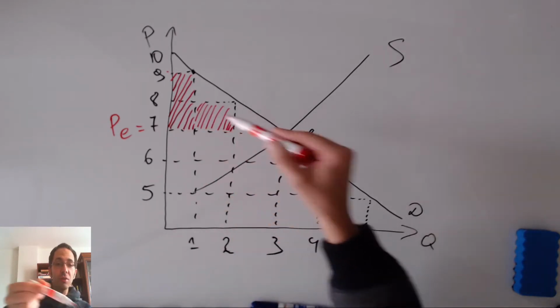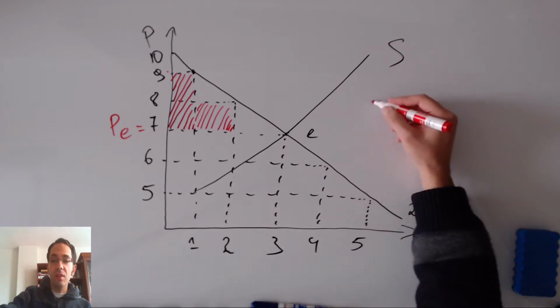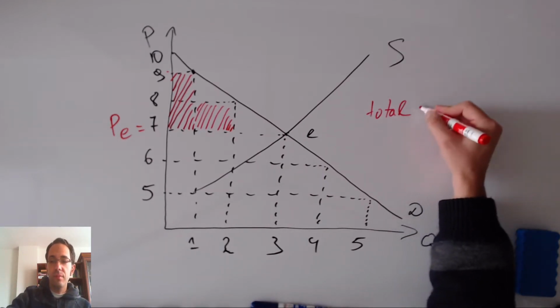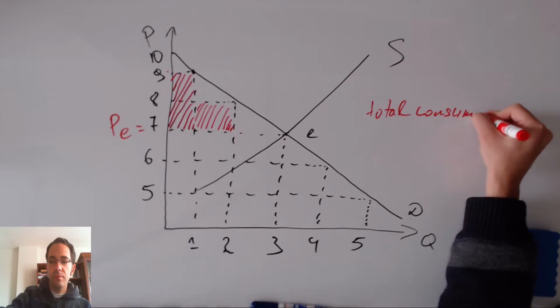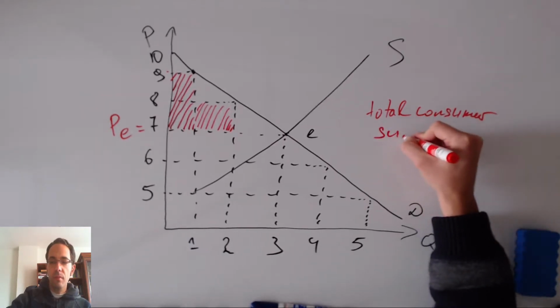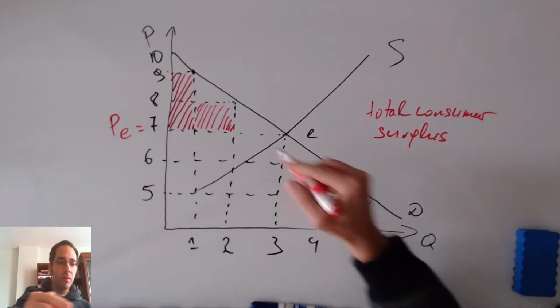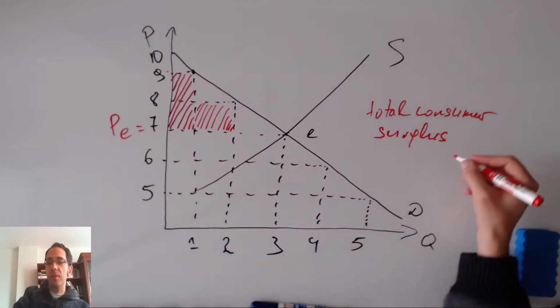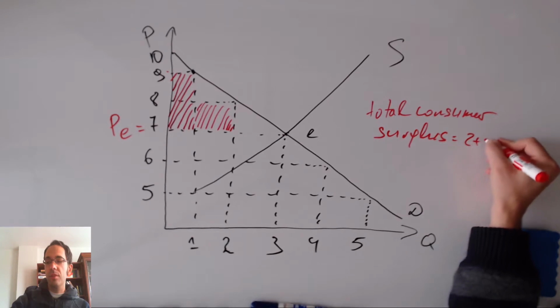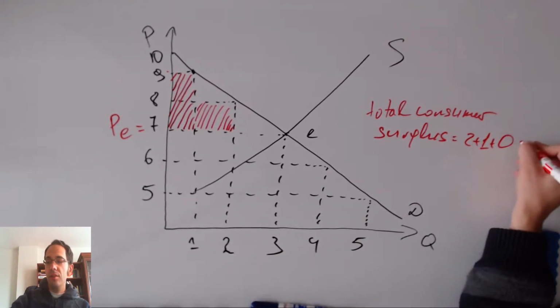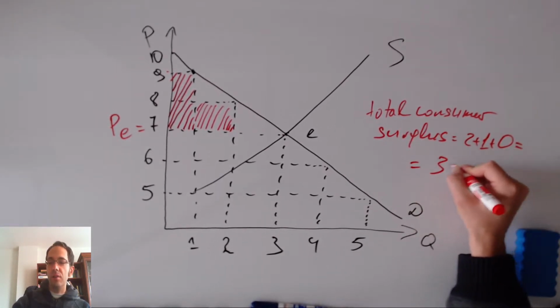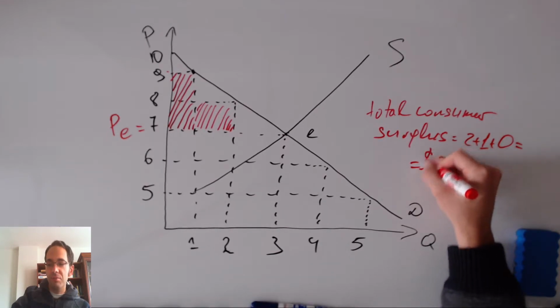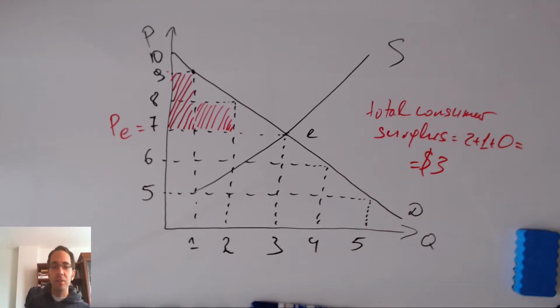So the total consumer surplus in this case would be 2 for the first one, 1 for the second one, and 0 for the third. So 2 plus 1 plus 0, i.e. $3.